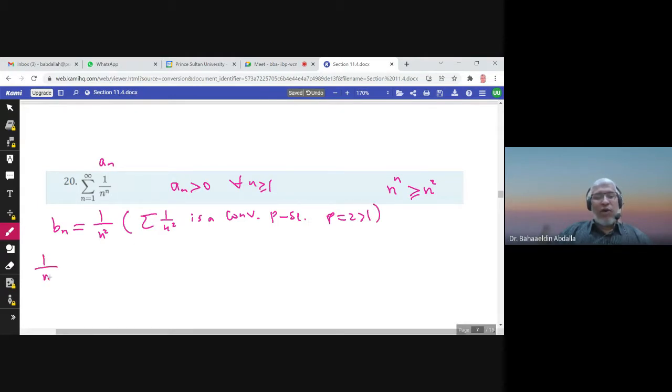And since n to the power n is greater than n squared, then 1 over n to the power n would be less than or equal to 1 over n squared. So by the direct comparison test, summation an is also convergent.